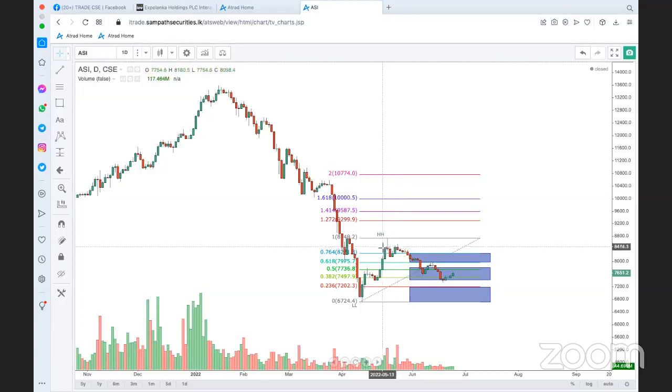They are all parallel, going horizontally. As a result, I would use this level and this, because this is a significant level, and I'll be using this zone as my R1.